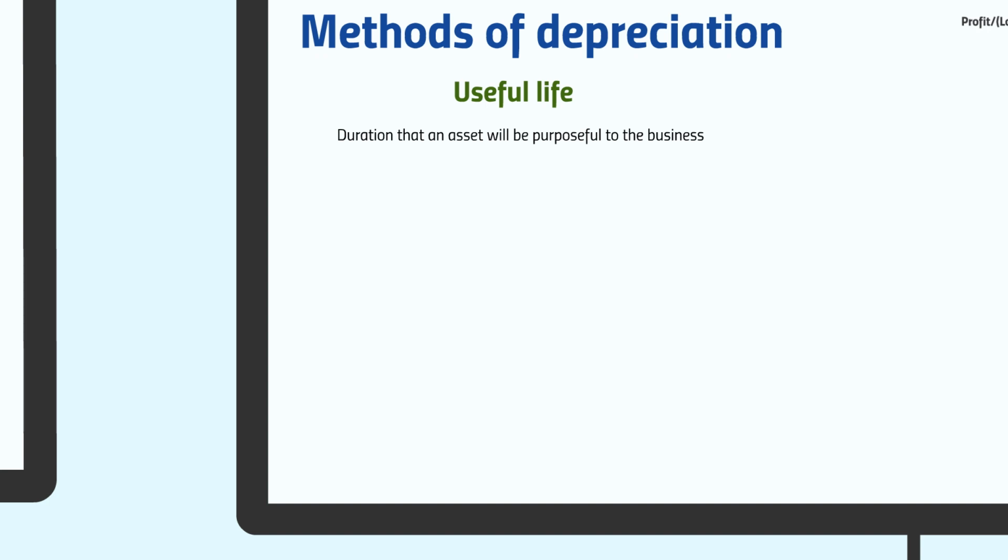Now, most tangible assets have useful lives that are limited to between 2 and 20 years, and all these assets are subject to depreciation, but it doesn't always correspond with how long the asset will actually last. So you could have a computer that could physically last for 20 years, but due to the speed of technological advancement and changes, the computer might only be truly useful for about 3 years.